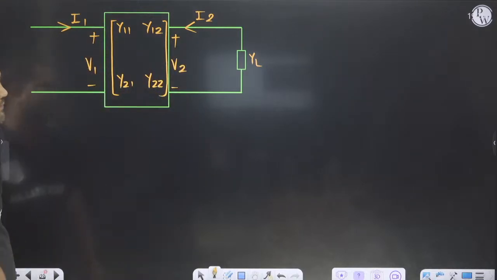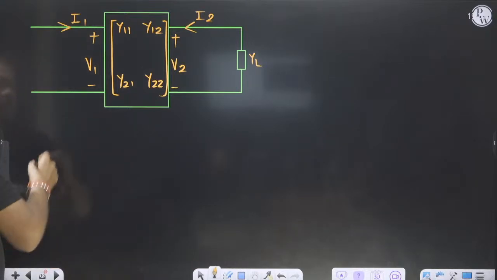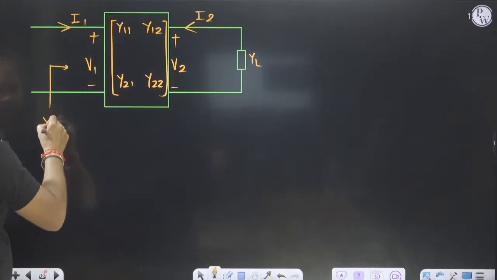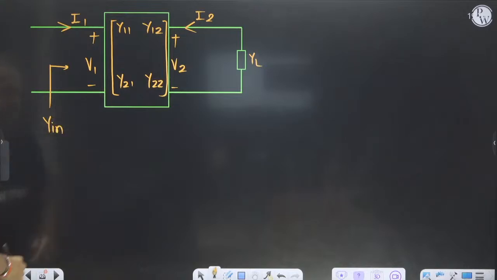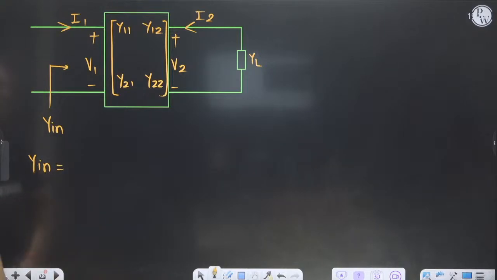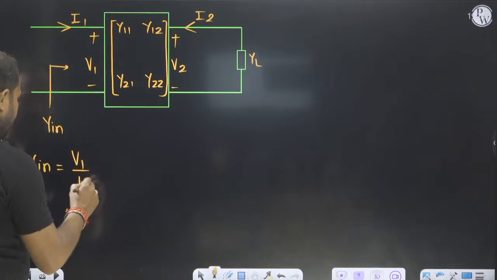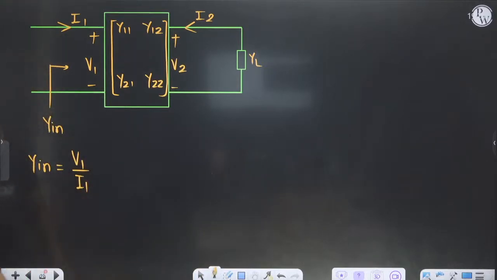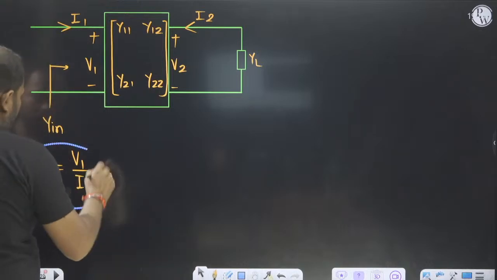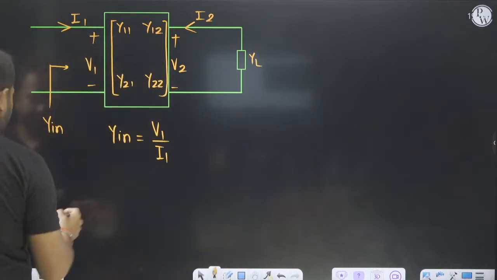Yes sir. Then what we will do, first of all I want to find out Yin. What is Yin? Yin is I1 upon V1. So for that we just write the equation.